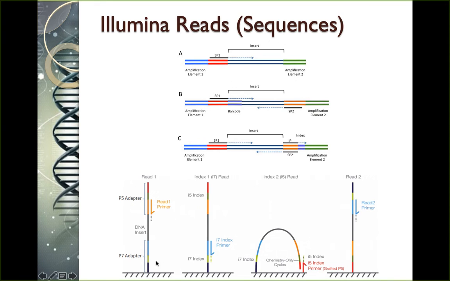In these cases, there are these adapters, these primers, and then it can often have a barcode in it. There are different ways that people design these barcodes. It can be located just adjacent to your sequence. It can be located within the adapter. And there are even dual index barcodes where you have one in this end of the adapter and another one in this end of the adapter.